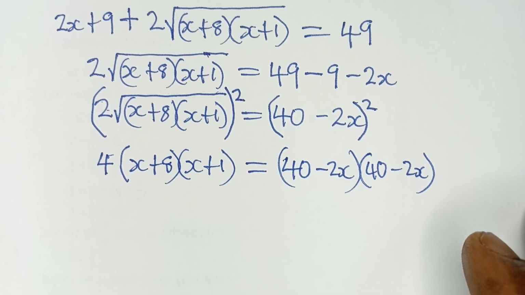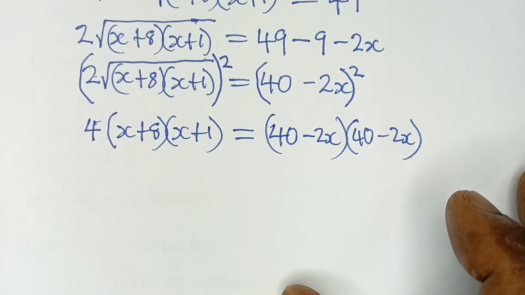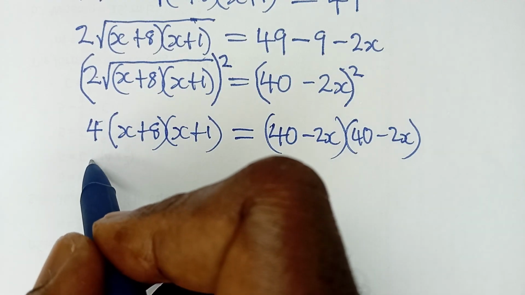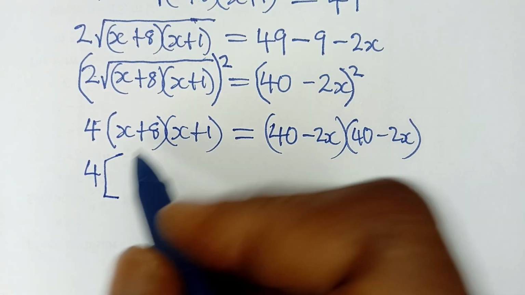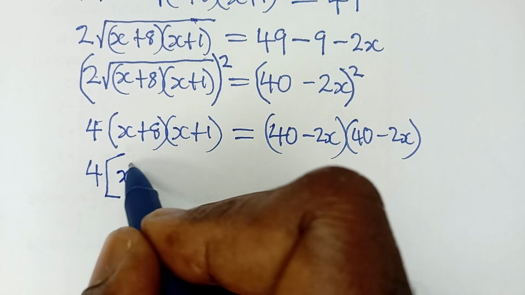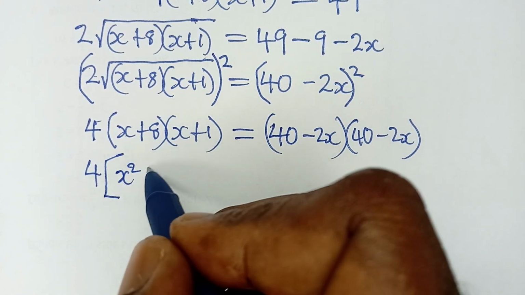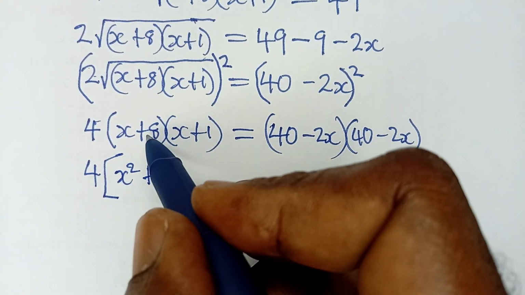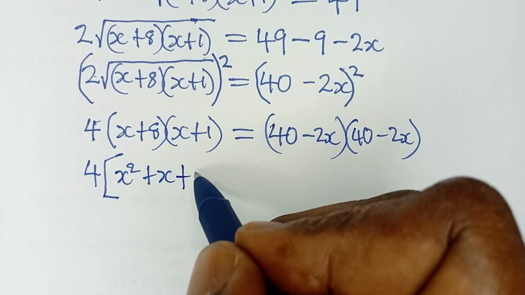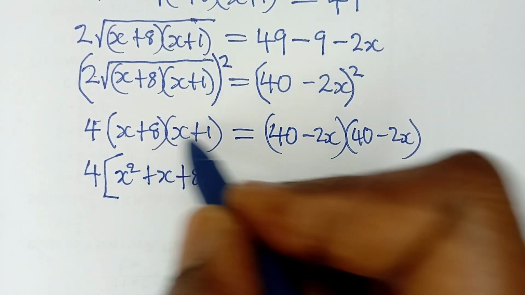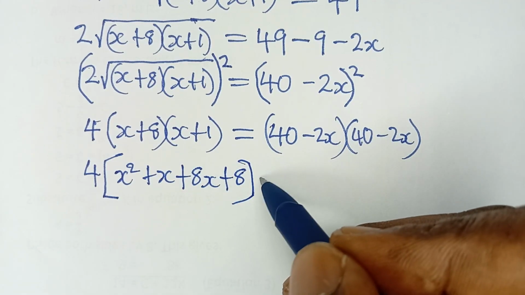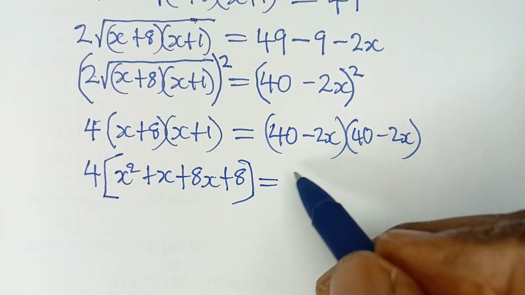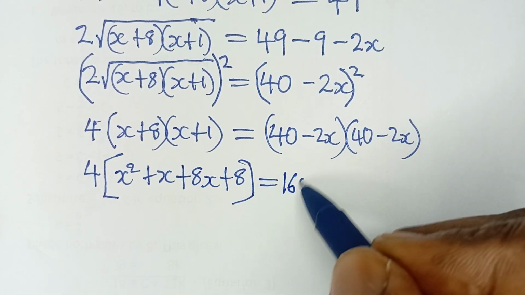So now, let's expand the brackets. So I have 4. Let me put a larger bracket. x multiplied by x is x squared. x multiplied by 1 is x. 8 multiplied by x is 8x. 8 multiplied by 1 is 8. And that will be equal to 40 multiplied by 40 is 1,600.